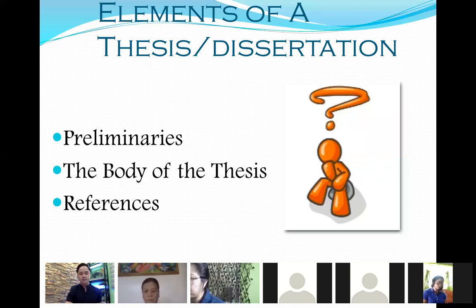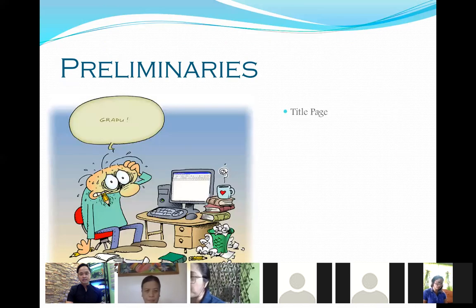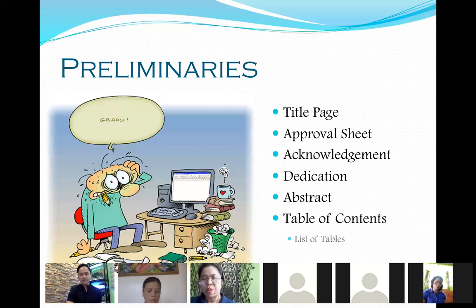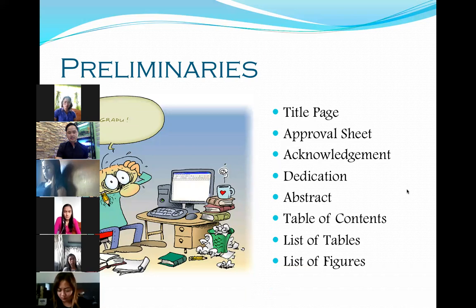Now let's begin with the preliminaries. The preliminaries are composed of the following: title page, approval sheet, acknowledgement, dedication, abstract, table of contents, list of tables, list of figures, and list of appendices.